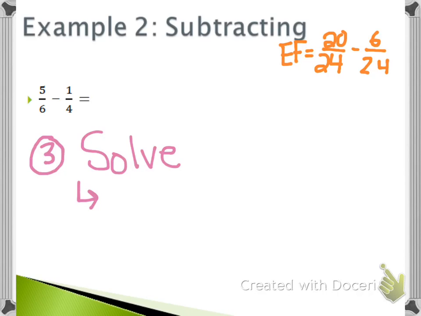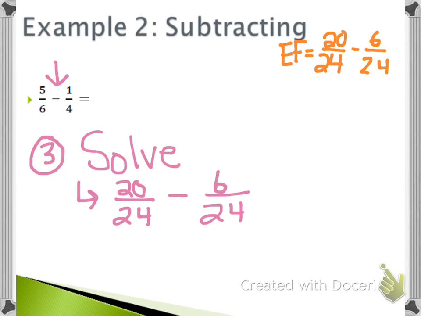So I'm going to rewrite 20 24ths minus, and always pay attention to whatever operation sign is given in the problem. So I have 20 24ths minus 6 24ths.